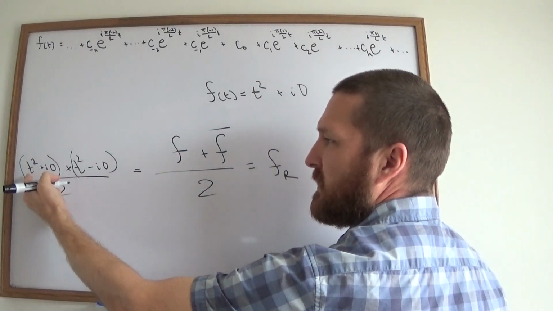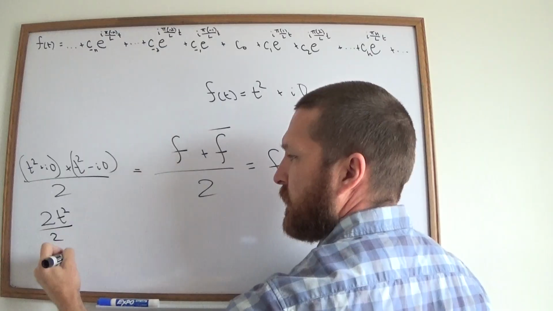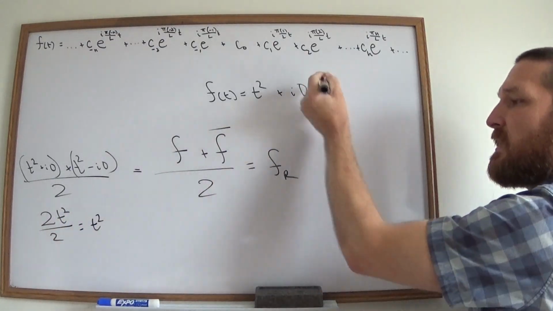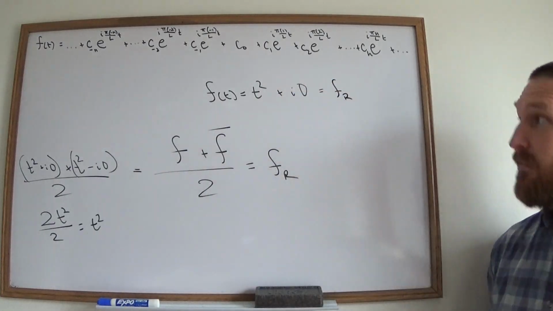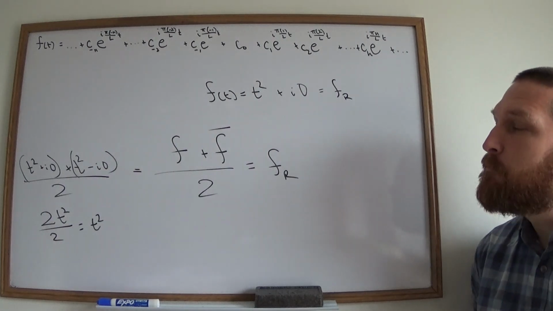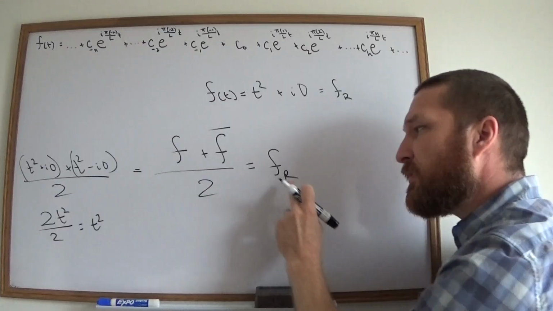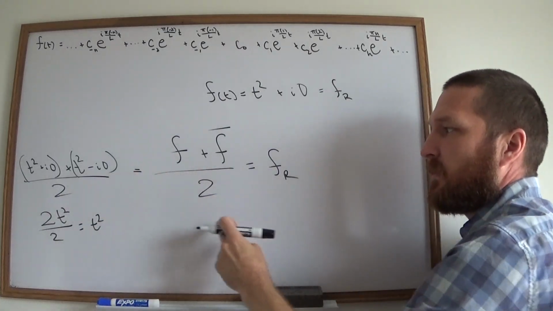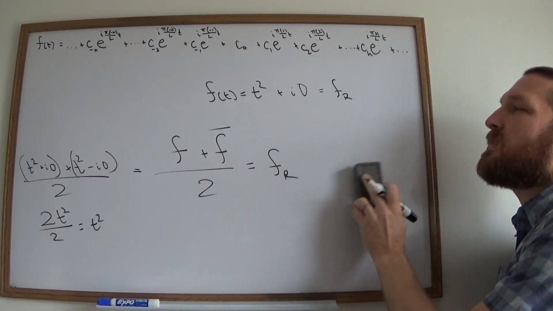That's 2t squared divided by 2, and we just get t squared. So the real part of it is indeed the whole thing, right? There's nothing magic going on here. If your original function happened to be a real function to begin with, then when you do this, you just get back what you started with, obviously. Okay, so just keep that in mind.